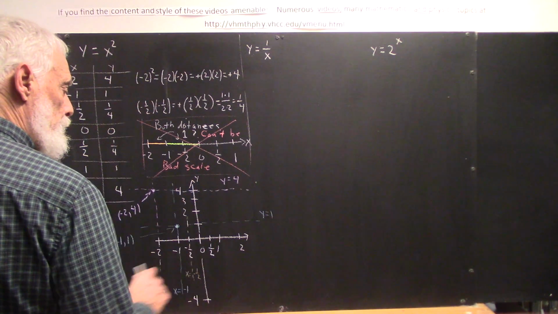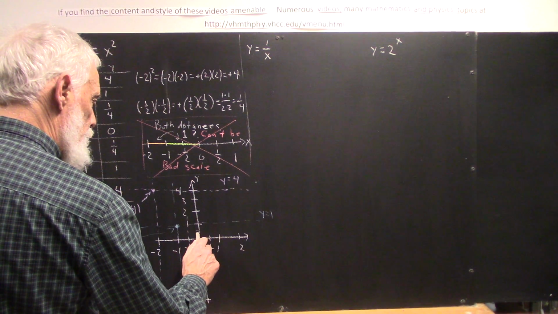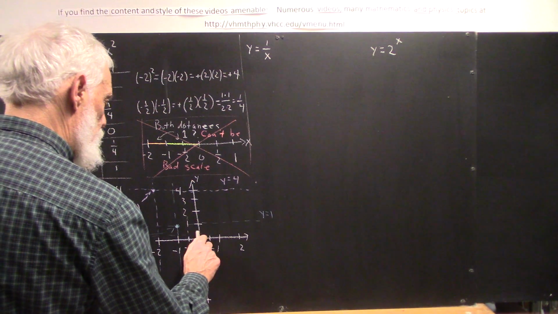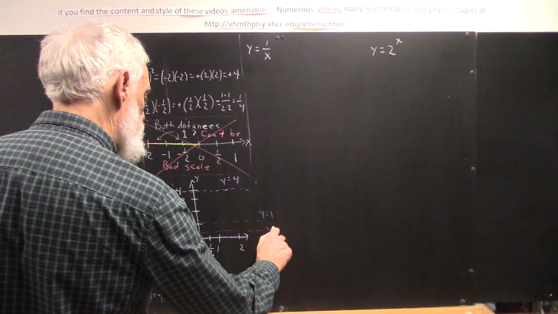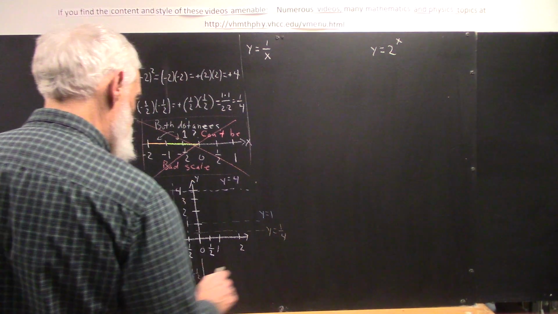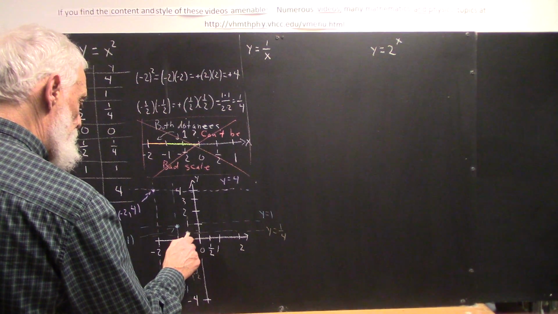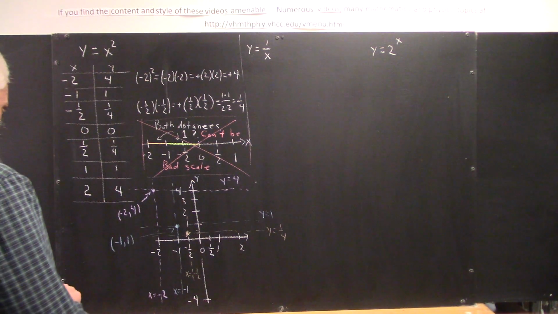And a line x equals 1/4. Well, I take this 1 and cut it in half, and I've got a half. I take that and cut it in half. I've got a fourth. So my x equals 1/4 line, y equals 1/4 line, lies here. And the two lines, x equals negative 1/2, y equals 1/4, meet here.